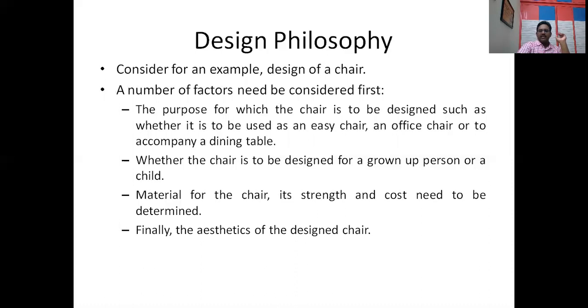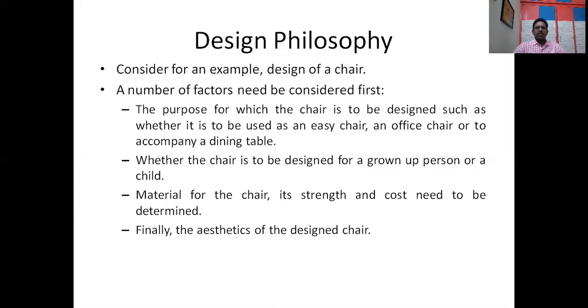And finally, aesthetics and design. So how it is looking. Some may think that this is not essential, but nowadays the aesthetics of designing of anything has become predominant, because people are buying products just because aesthetically it looks good, apart from satisfying the three factors I've said.